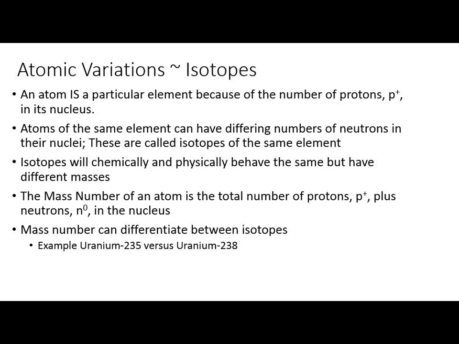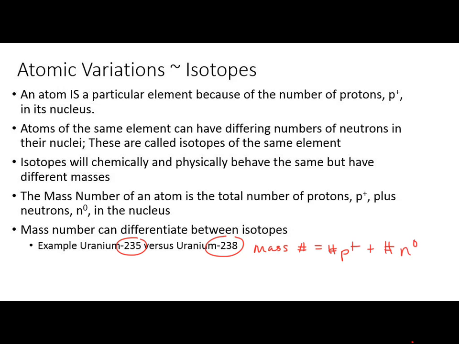If these are the mass numbers, and they are, then mass number is equal to the number of protons plus the number of neutrons. How can we know the number of protons in a uranium atom?